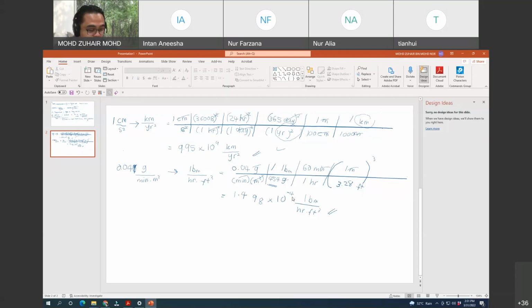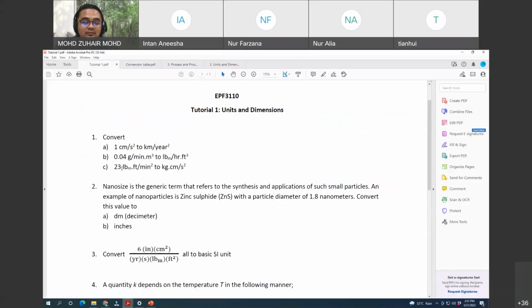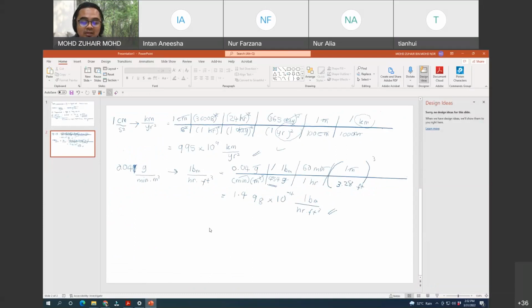Yes. Okay, so the other question, 1.1 C, is to convert 20 pound feet over minute power of 2 to kg cm over second power of 2. It's also the same thing. What you need to do is convert by referring to the conversion table.